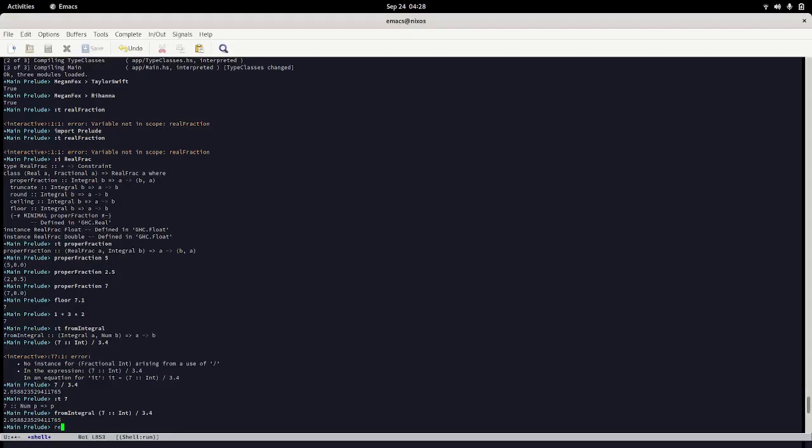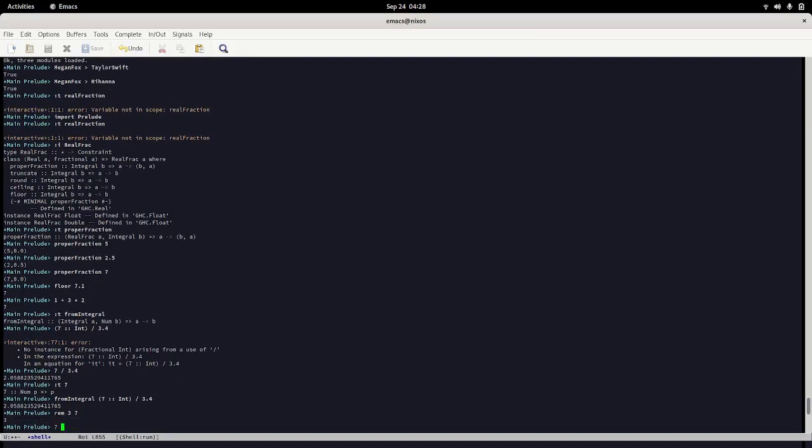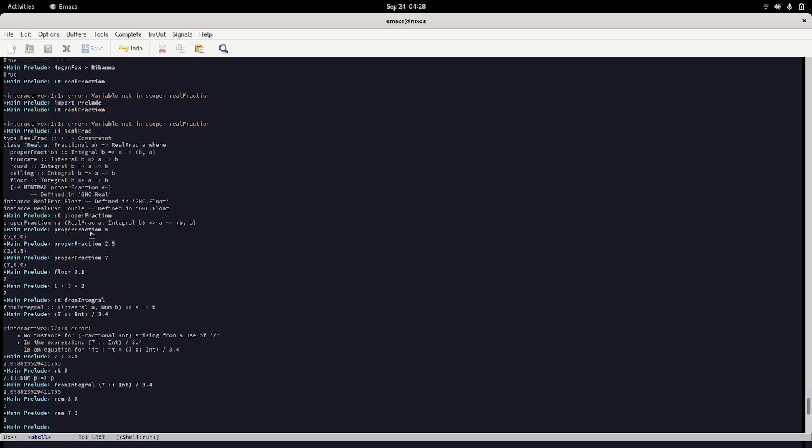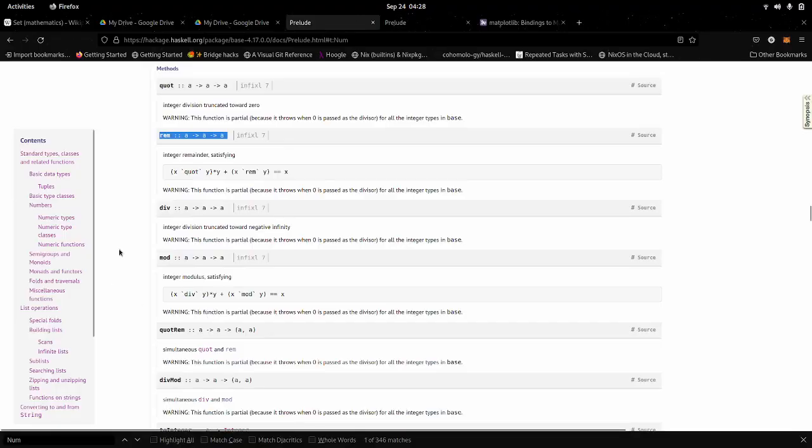So if I do 3 `rem` 7, and then 7 `rem` 3, I get, of course, a remainder of 1 for the second. You can understand why that is: for 3 rem 7, 7 doesn't go into 3 at all, so that's what it is. My brain was just like, 3 goes into 7 twice, has 1 remainder. Makes sense.